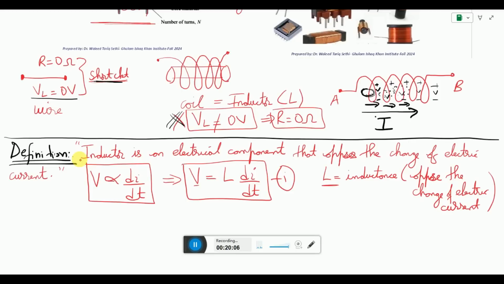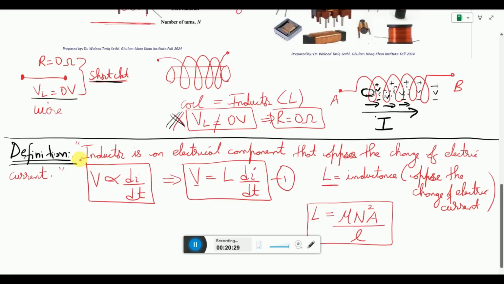Now what is this inductance? Mathematically, we can say that inductance depends upon the material property represented by mu, the number of turns of the coil on the material, the area of that coil, and the overall length of it. So this is how we find the inductance of the inductor. What are these parameters?